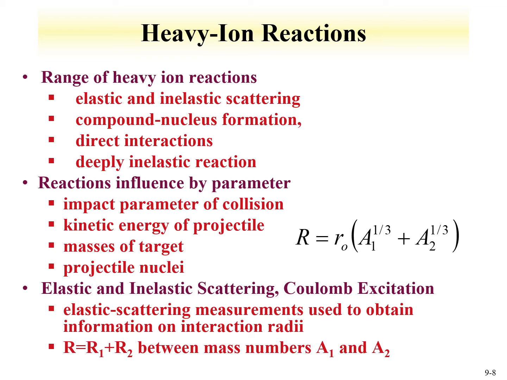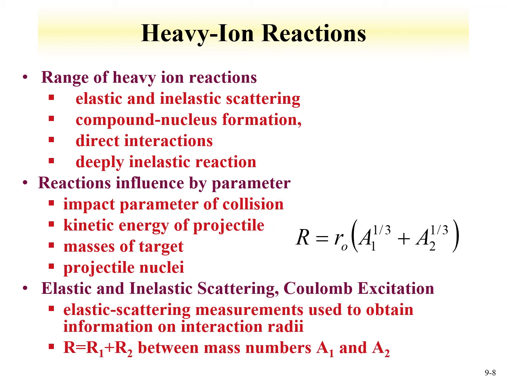One of the main differences between a heavy ion and a light ion like a proton is that the heavy ion can donate some of its nuclear matter to the reaction, whereas a proton is either all or nothing. These reactions are influenced by the reaction parameter, which is a function of the impact parameter.